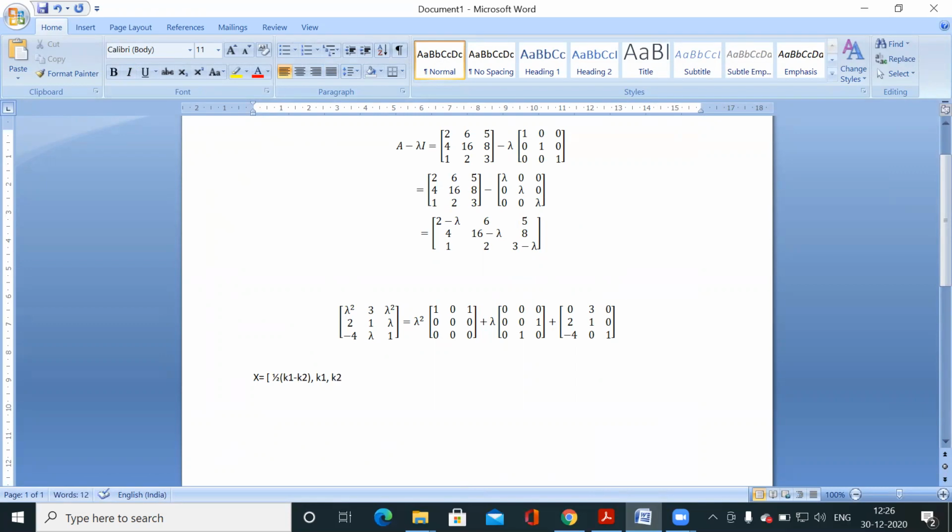So your eigenvector must be like this. I have written it in row form, but you have to convert this, so I will use the transpose. So this is your eigenvector: 1 by 2 of k1 minus k2, k1, k2. Clear?